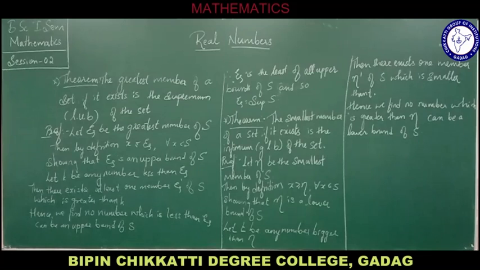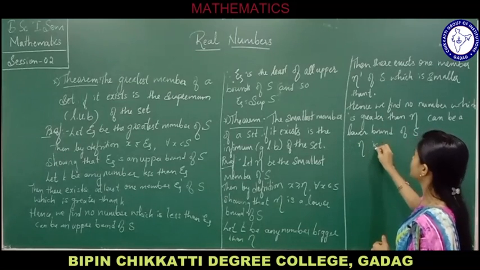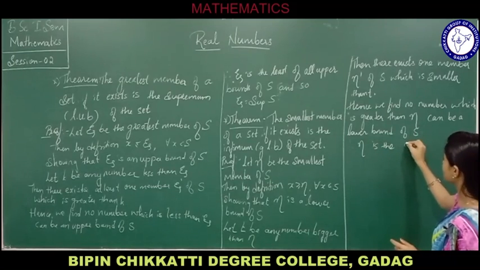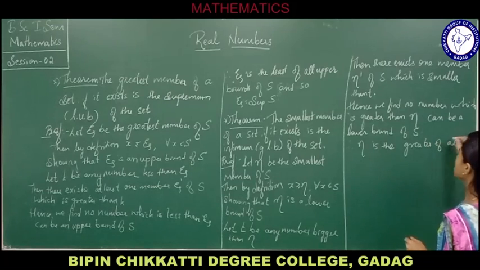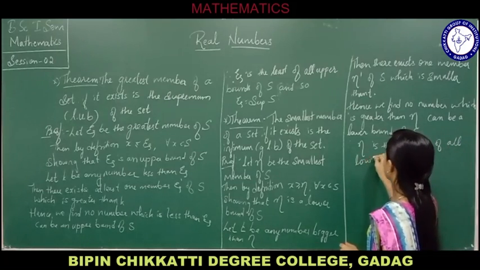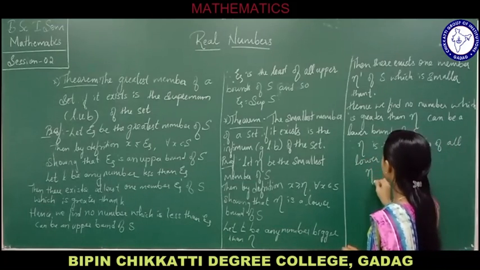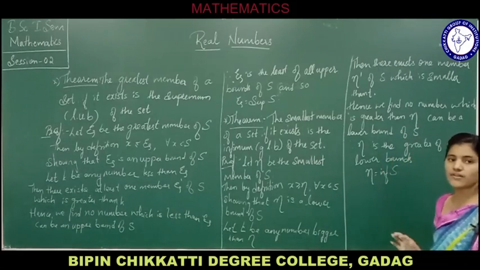Therefore, eta is the greatest of all lower bounds. That is, eta will be equal to the infimum of S.